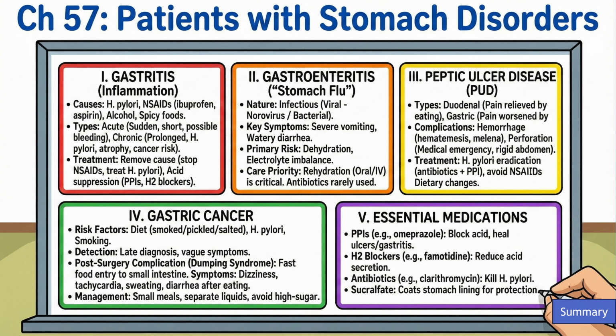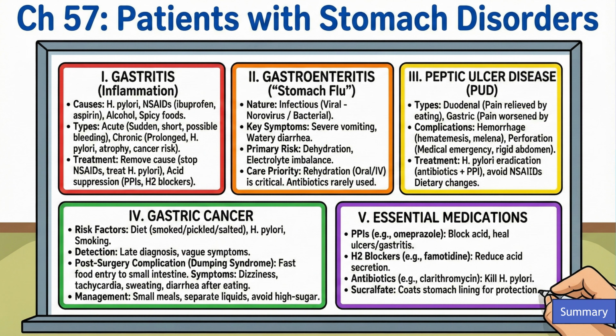To diagnose, endoscopy and H. pylori testing are used: urea breath test and stool antigen. Medical management includes proton pump inhibitors, H2 blockers, antibiotics for H. pylori, and discontinuation of irritants. Nursing care: educate on medication adherence, dietary modification, and avoidance of irritants like alcohol and NSAIDs.